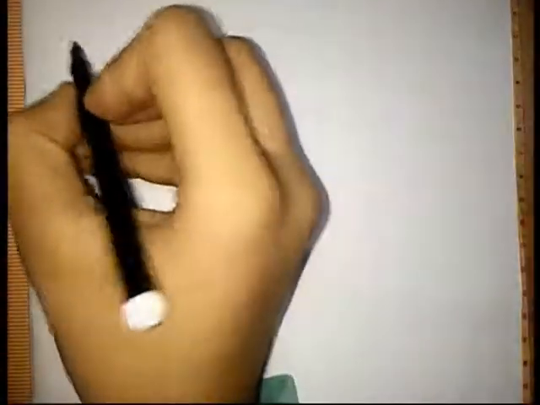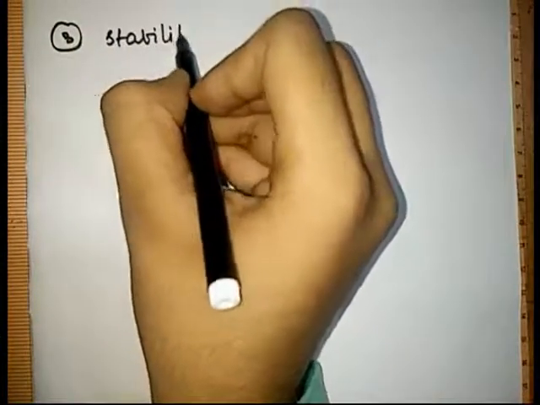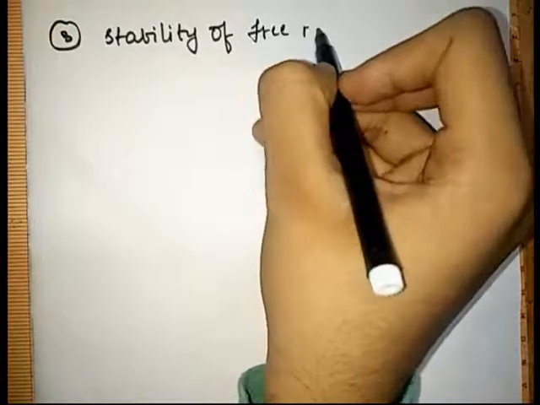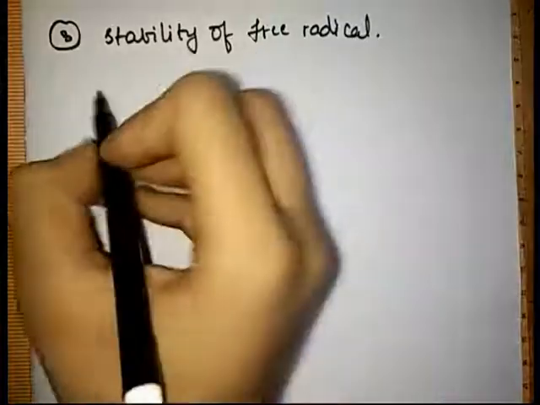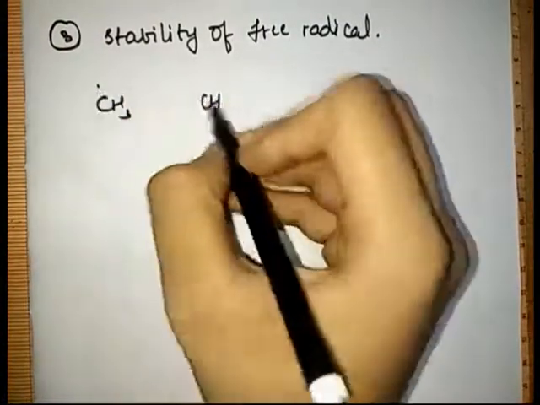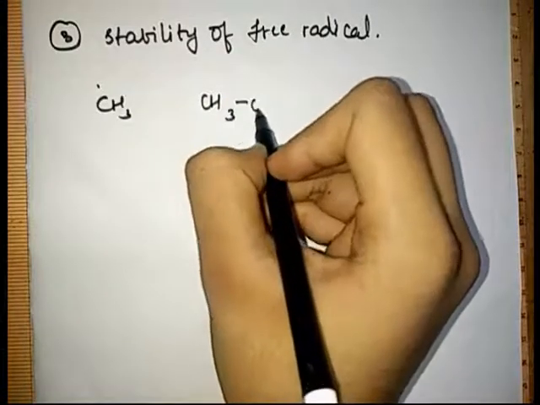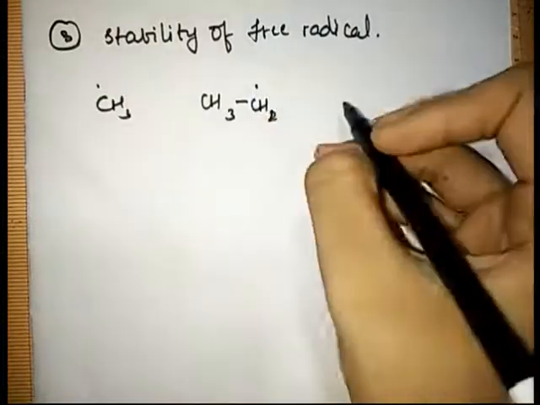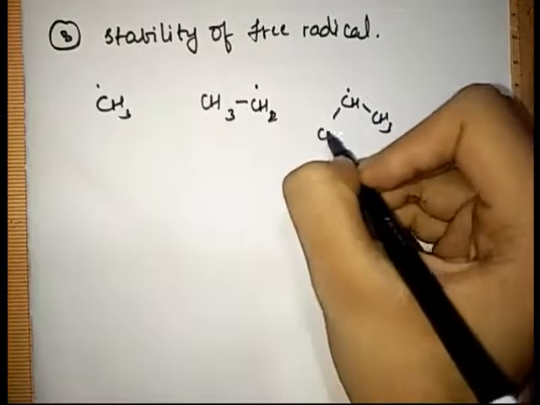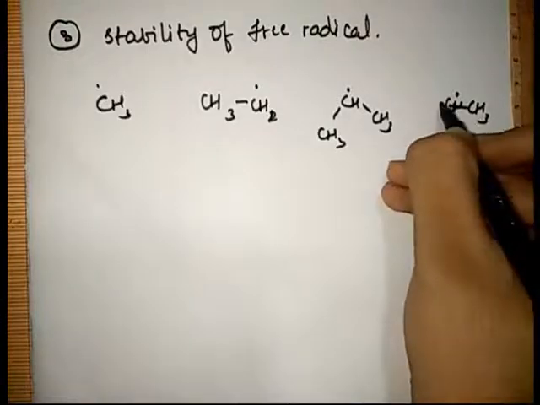The third application is the stability of free radical. Taking the same example, this represents the free radical: CH3 dot, CH3 CH2 dot, CH3 CH dot CH3, and CH3 CH3 C dot CH3.